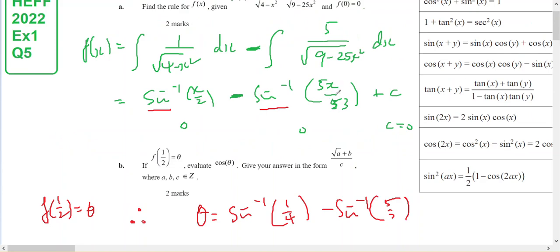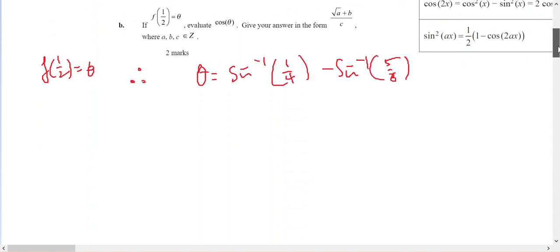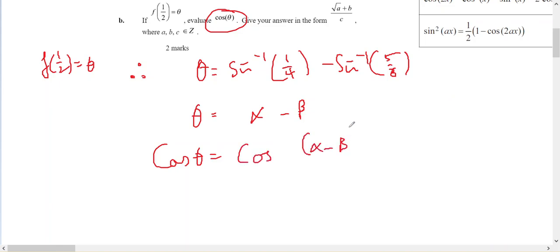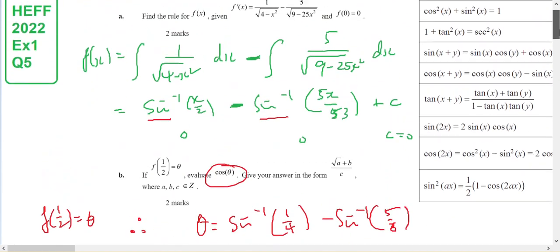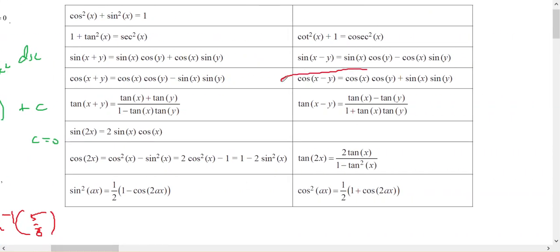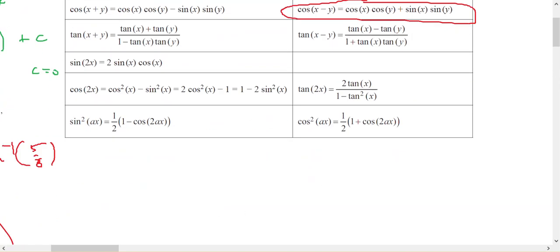Sorry, when I put a half there, that's going to be 5 on 6. Okay, so I'm going to say theta is equal to alpha minus beta. So if I'm going to try and find cos of theta, I'm going to have the cos of alpha minus beta, and using the compound angle rules, cos of x cos of y plus sine of x sine of y.